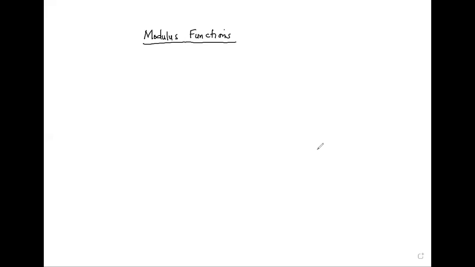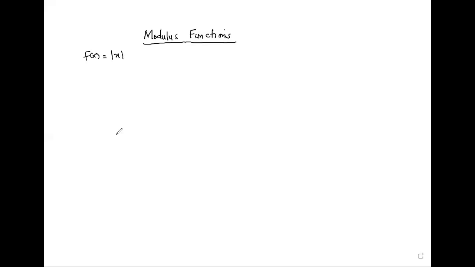A function that we call modulus is a function of the form f of x is equal to, say, modulus of x. It's called the modulus function. The output is always a positive number. We have two families of graphs of this function.